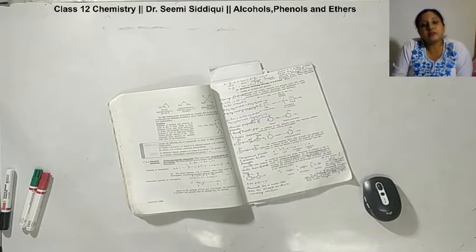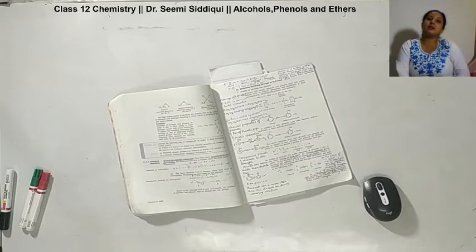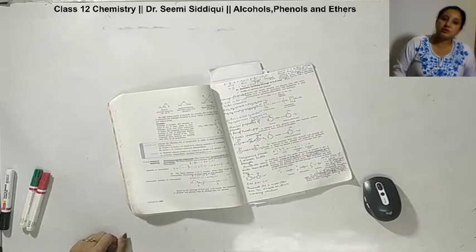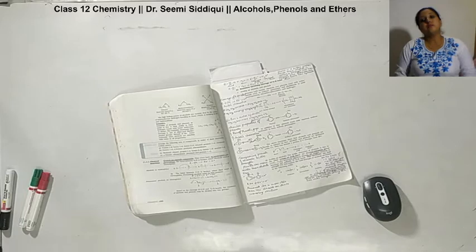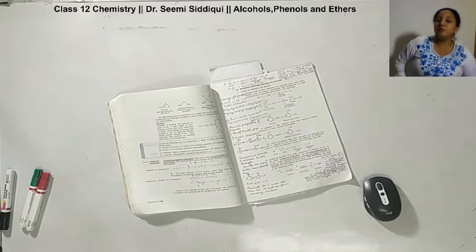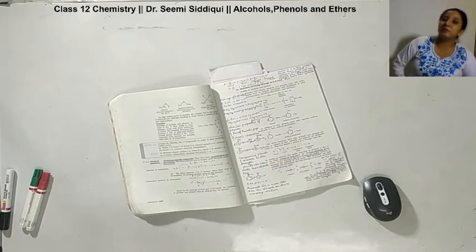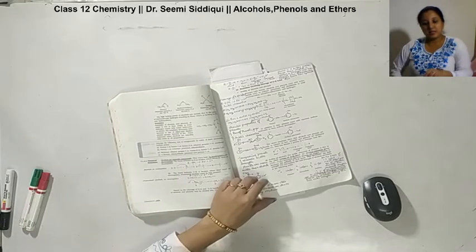But in the case of phenol, the phenoxide ion that forms has a resonating structure. We have studied that due to resonating structures, your compound is going to be stable.